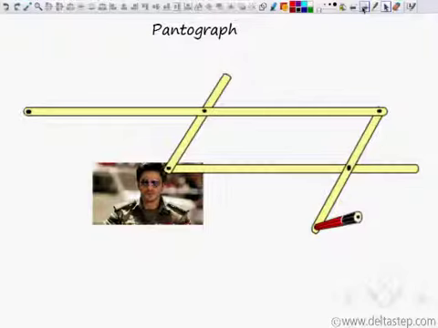This end of the pantograph is fixed. This end has a tracing pin and you have a pencil here. As you move the tracing pin along the figure, you get an enlargement which is drawn by the pencil itself. Let's see.